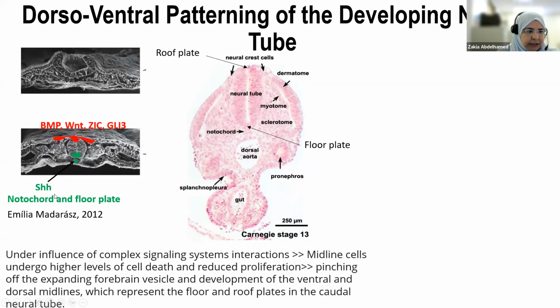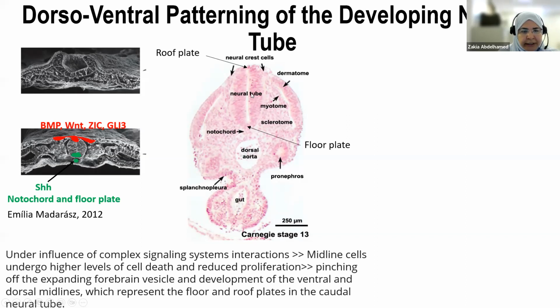And sonic hedgehog, as you know, is a typical morphogen. It is secreted from a source and then diffuses to pattern the surrounding tissue in a concentration-dependent manner. The interaction between the dorsal markers and the ventral sonic hedgehog leads to the formation of the dorsoventral midline, and the final process is the formation of the floor plate and roof plate.